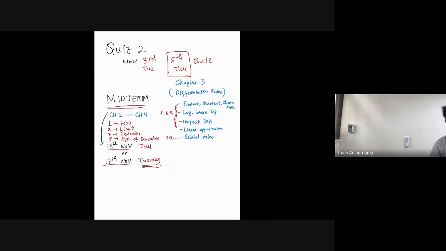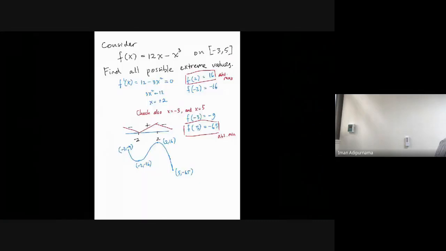Last time we were dealing with these functions, right? So we are dealing with the functions, 12x minus x cubed.